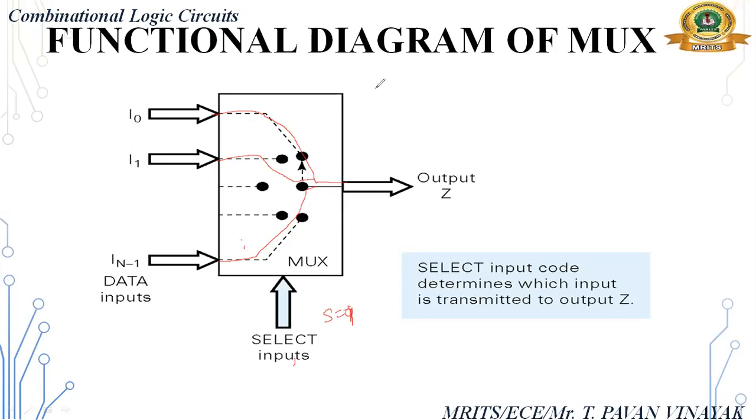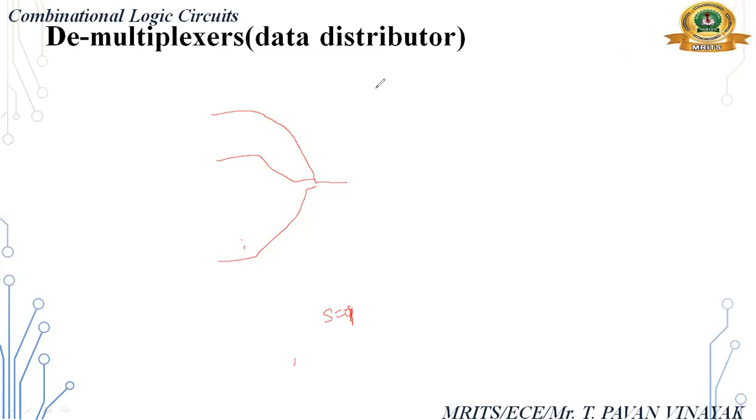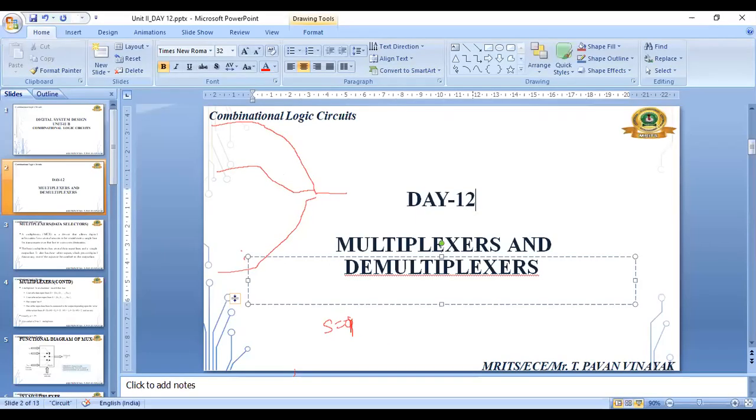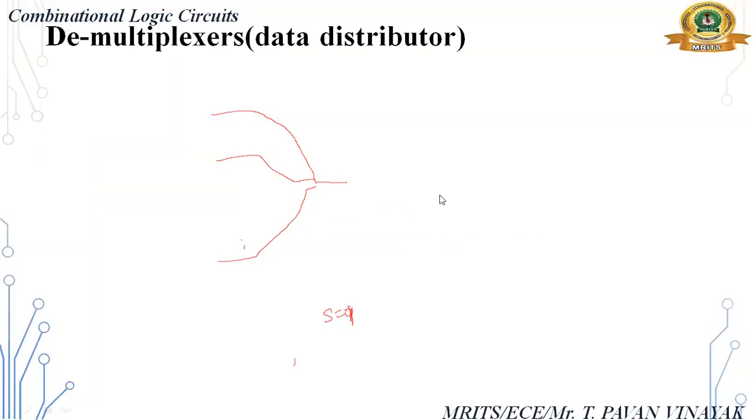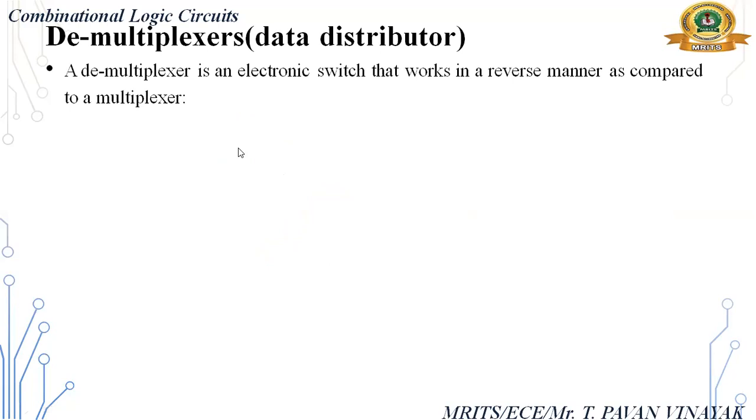Now the demultiplexer. A demultiplexer is also known as a data distributor. Why? The single input data is distributed to the outputs according to the selection lines, so it is called a data distributor.